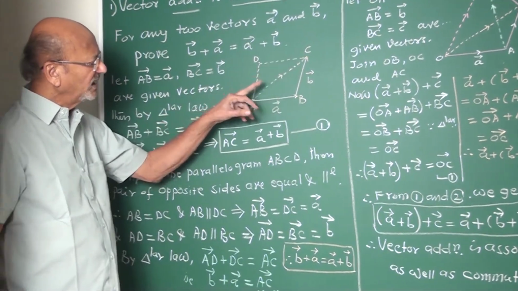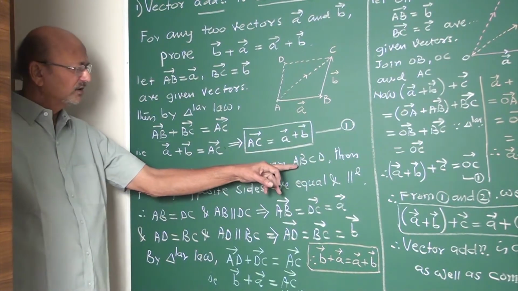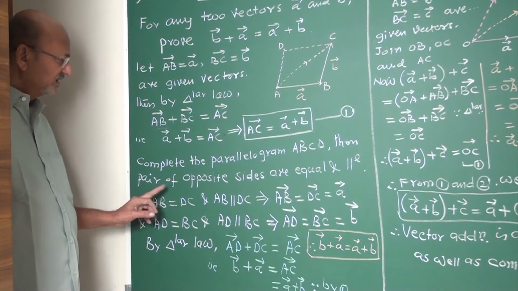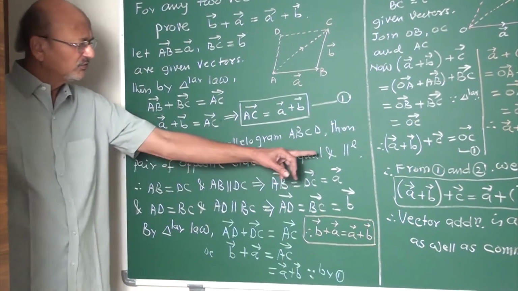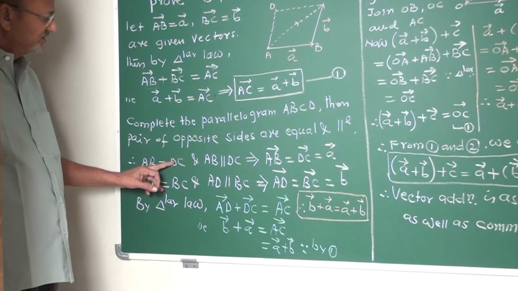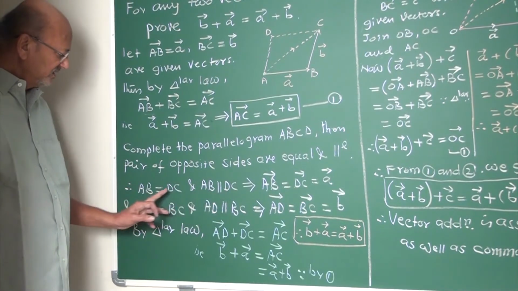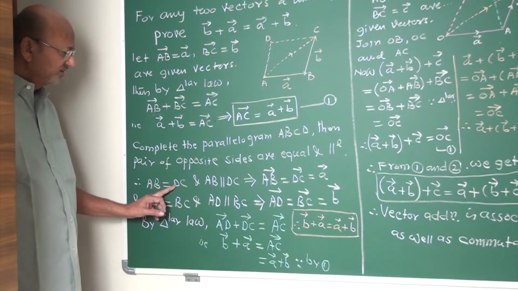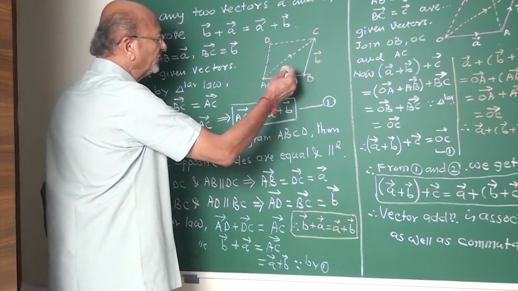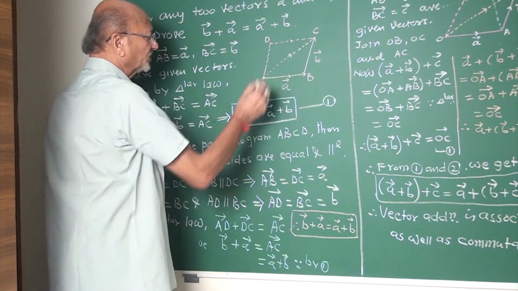They are equal and they are parallel. See, my friends, I have written: complete the parallelogram ABCD. Then in parallelogram ABCD, pairs of opposite sides are equal and parallel. Therefore, AB equal to DC and they are parallel. Yes, my friends, magnitude is the same and their direction is also the same. AB, DC, their direction is also the same.